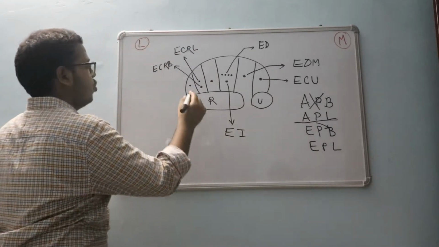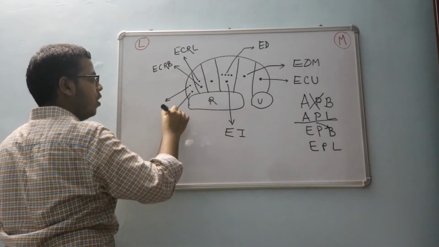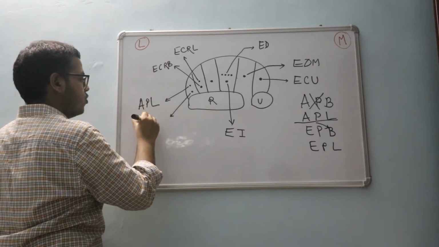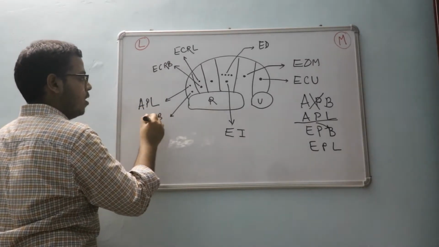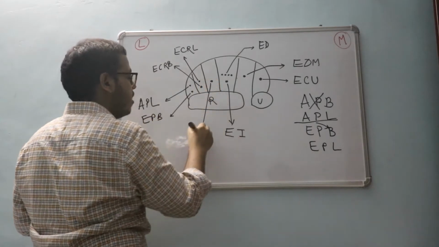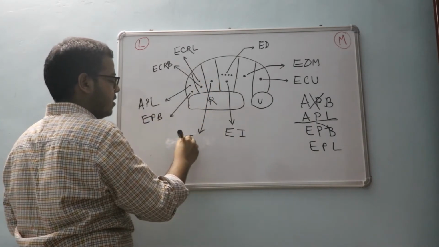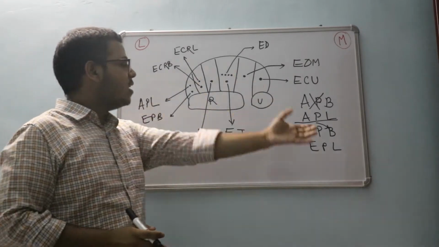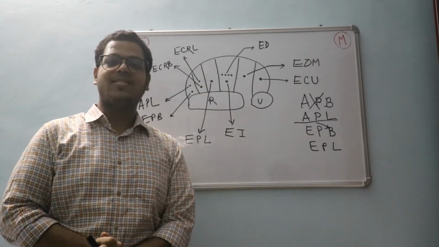So you can remember in whatever way you want. A loves B, that is why APL goes with EPB. And the one left out is the extensor pollicis longus, EPL. So these are the 6 tendons that go through the extensor retinaculum.